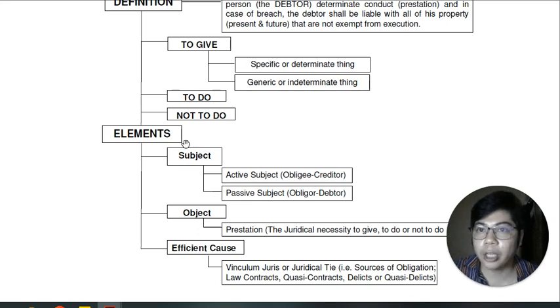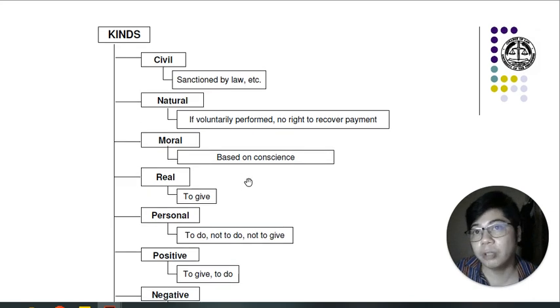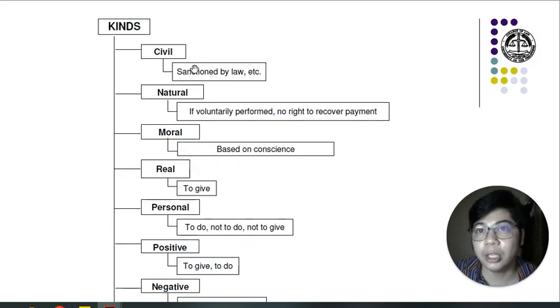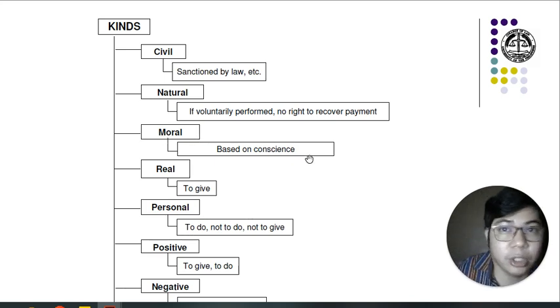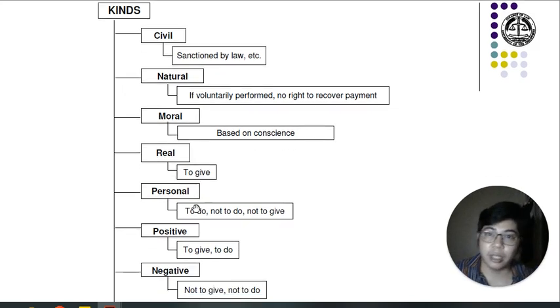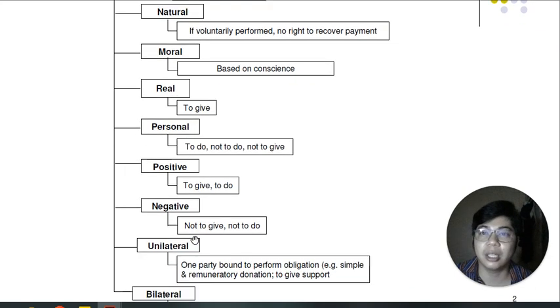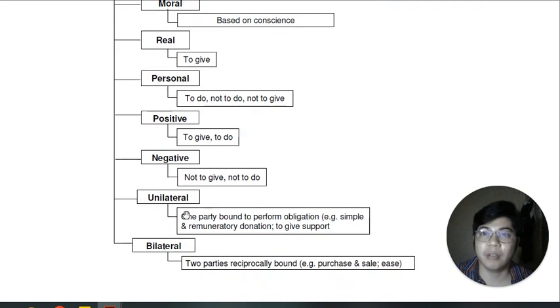Let's proceed. I will just discuss first the kinds of obligation. I have already discussed this. The moral obligation is based on conscience. Positive and negative. Unilateral is where one party is bound to perform the obligation.